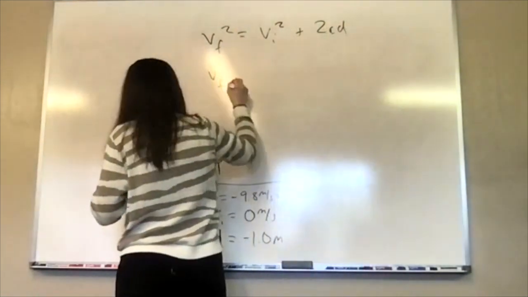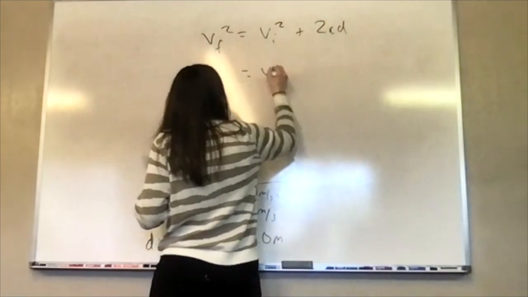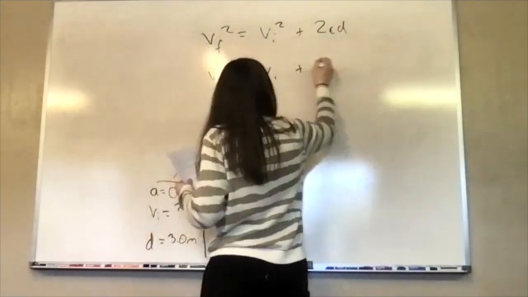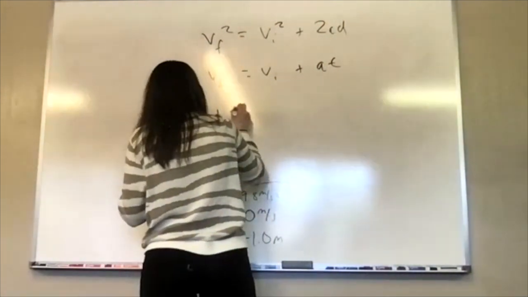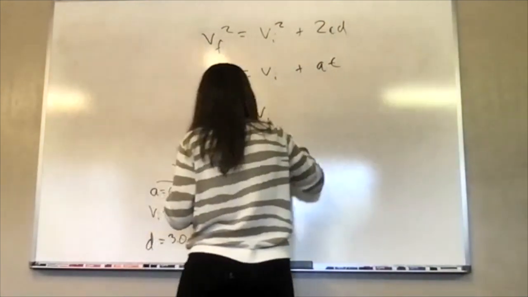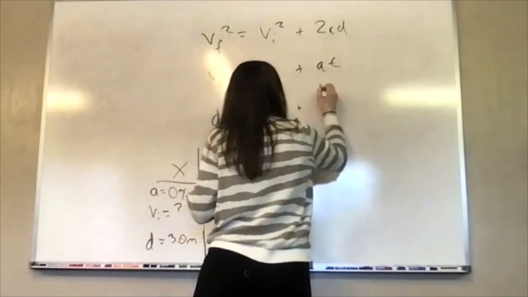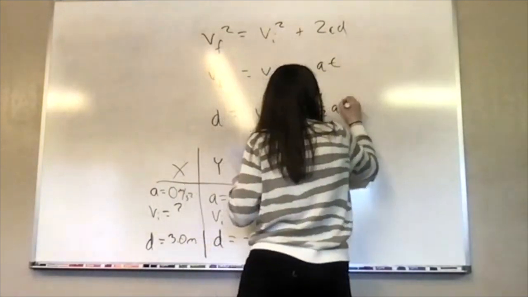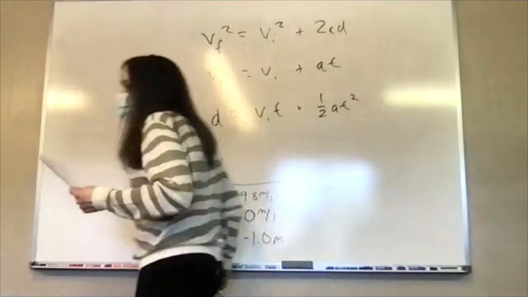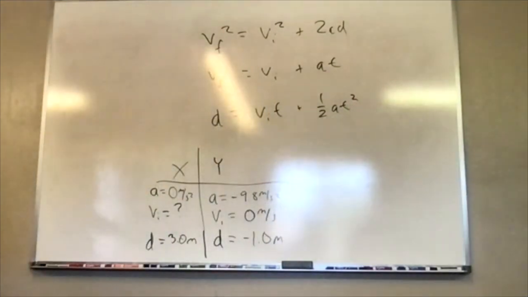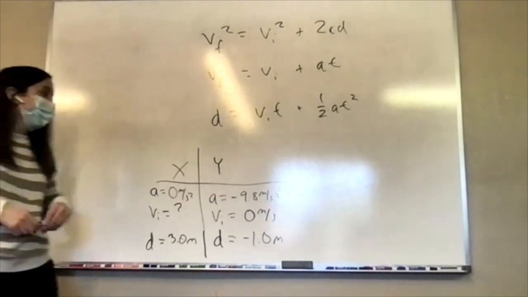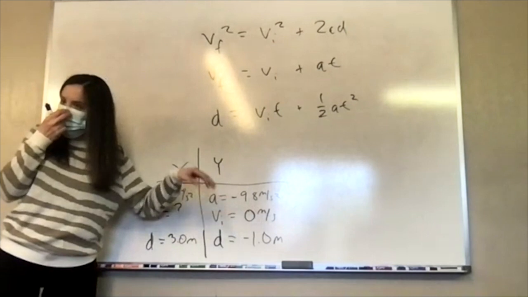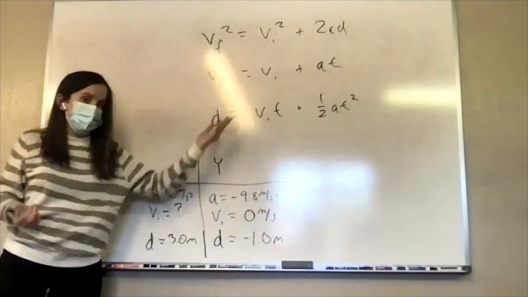The other one is final velocity equals initial velocity plus A times T. And then D equals initial velocity times time plus 1/2 AT squared. So those are the 3 ones that you'll be using to solve these problems. So once we have 3 values in a dimension, we can then use it in an equation and solve for something.